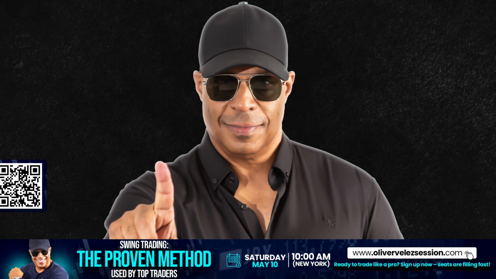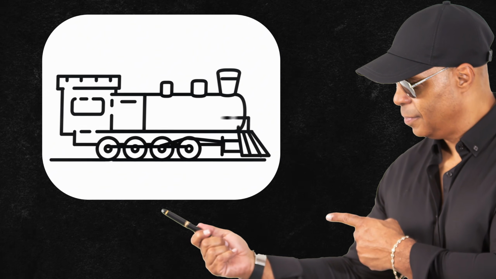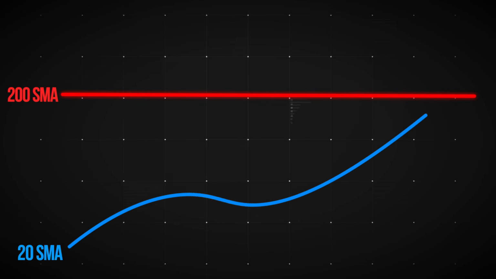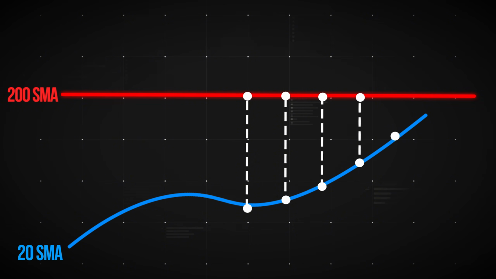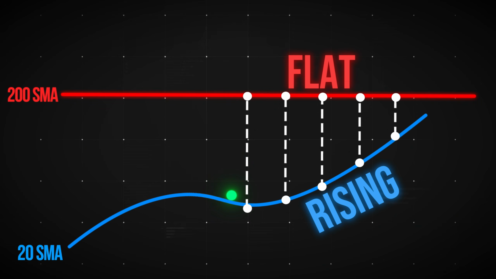There is an exception when it actually will get run over in most cases by a freight train, and it's when the 200 is flat and the 20 is rising under the 200, narrowing the space: so wide, less wide, less wide, less wide. So the 200 is flat, the 20 is rising, and the price is trapped between both, like a ping pong ball.